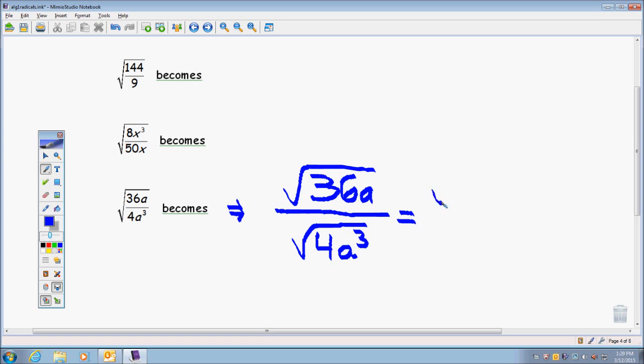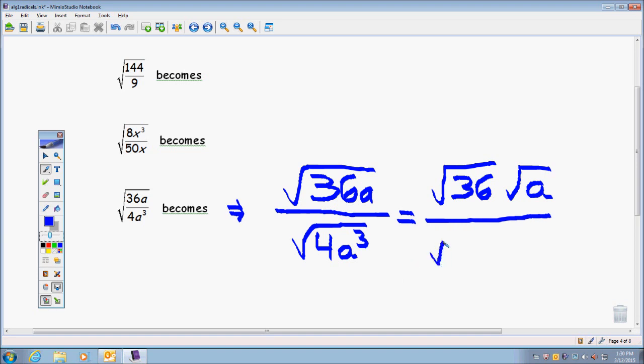Radical 36a becomes radical 36 and radical a. I hope you show all the steps when you do this on a quiz. Remember, there's no test in this unit. It's just going to be one big quiz. Radical 4, and then radical a squared, and then a radical a. And like I said, these are kind of fun. These are kind of cool.